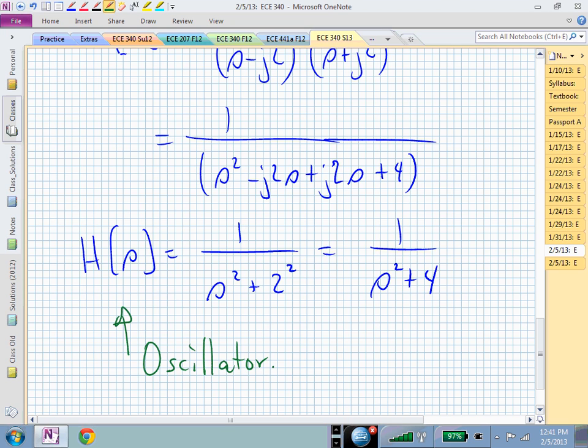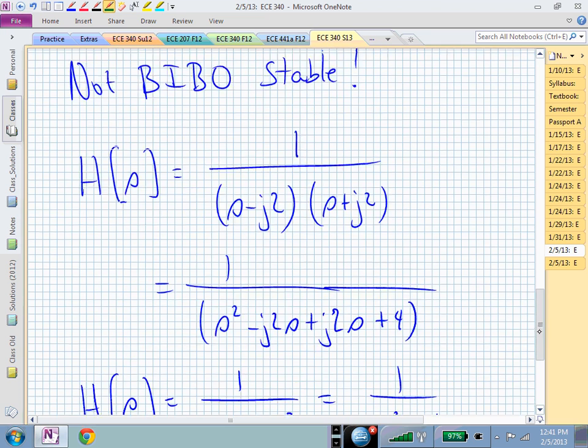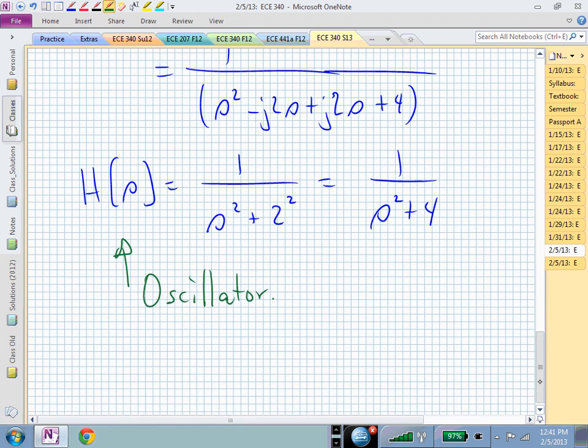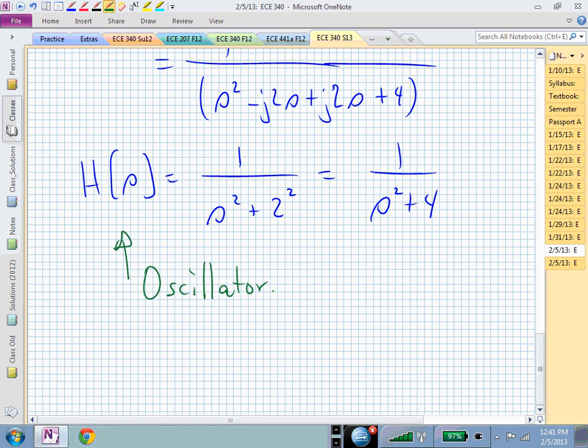Now, if this system is not bounded input, bounded output stable, can you give me a bounded input that would cause this system to have an unbounded output?